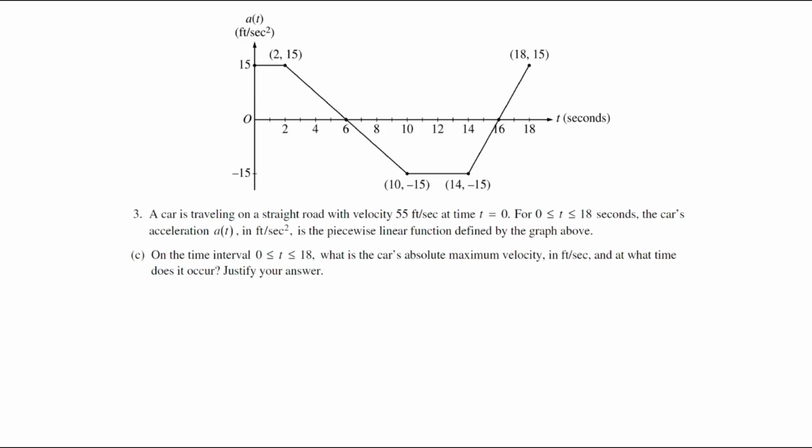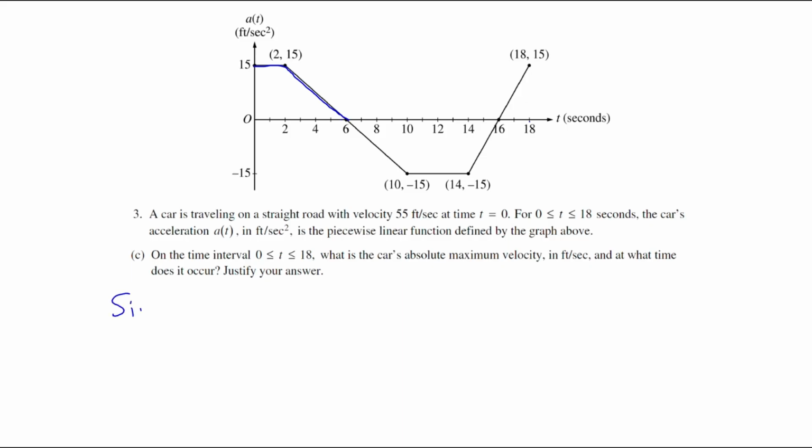All right, in part C, it wants to know what is the car's absolute maximum velocity. It also wants to know where it occurs. And so, well, the velocity is increasing whenever the acceleration is positive, which is all from 0 to 6. And then we already indicated that the integral from 6 to 18 is going to be negative, right?